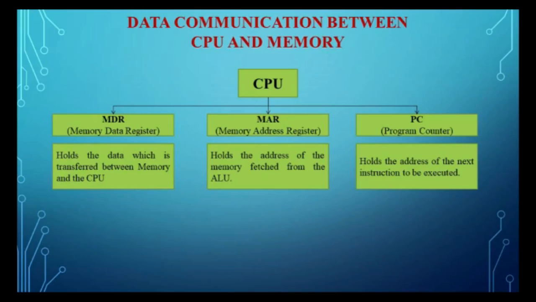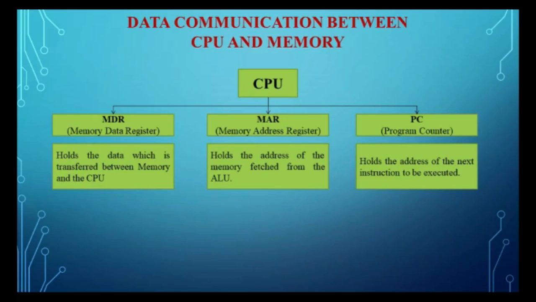The next topic is data communication between the CPU and memory. The CPU has three types of registers for this communication. First, the memory data register, shortly MDR, which handles the data transfer between memory and the CPU.